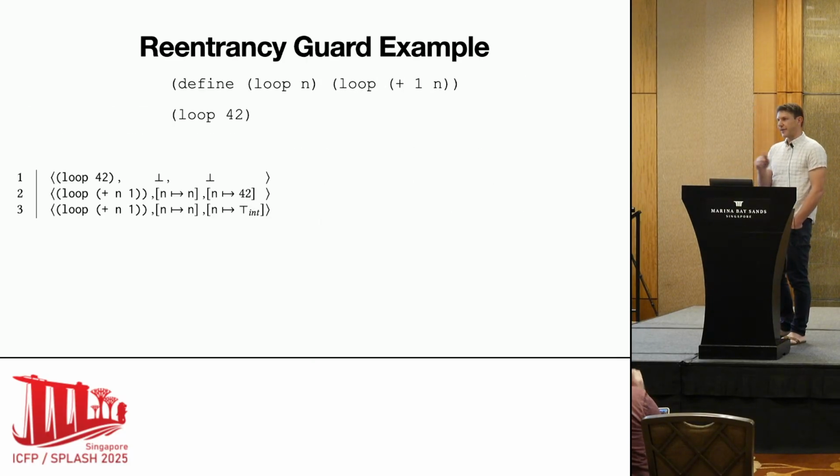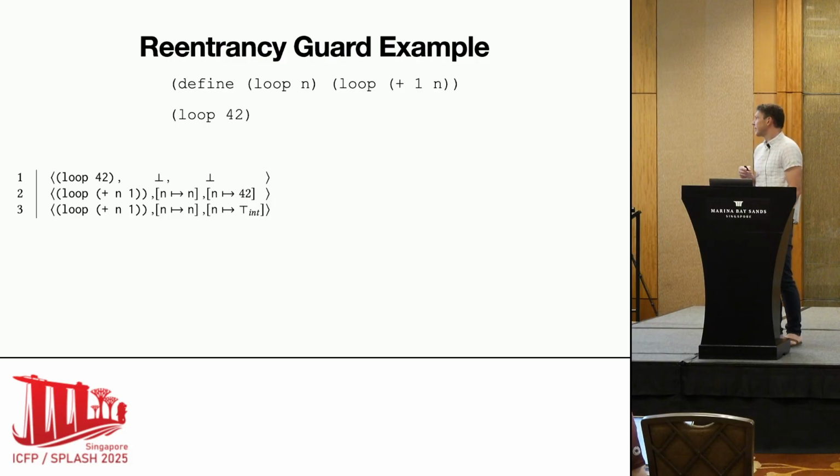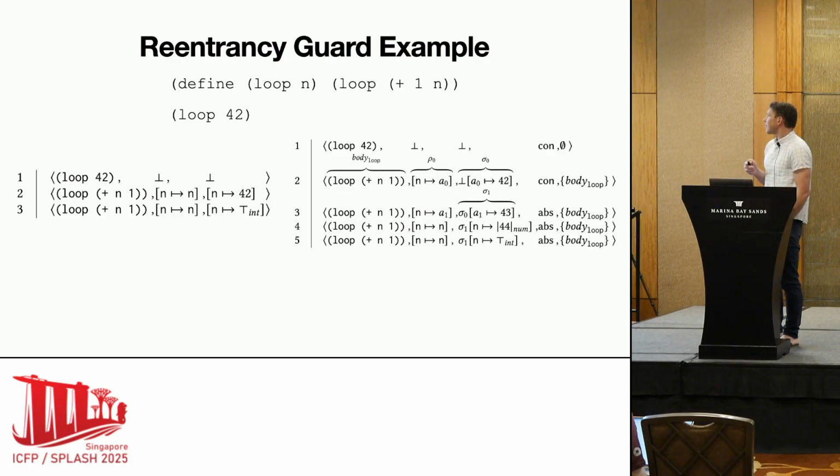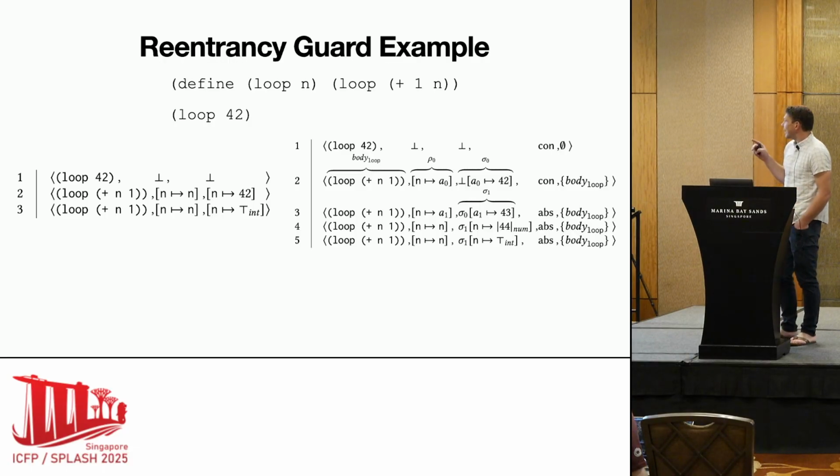I just want to show a little bit of an example of this in action. So we've got a simple program here that will just loop. And what I have on the left here is the abstract interpretation of this program. And as you can see, it converges pretty quickly. On the right, we have the call-guarded interpretation of this program. And so what we've added to each configuration is the mode, as you can see, and the set of entry points.